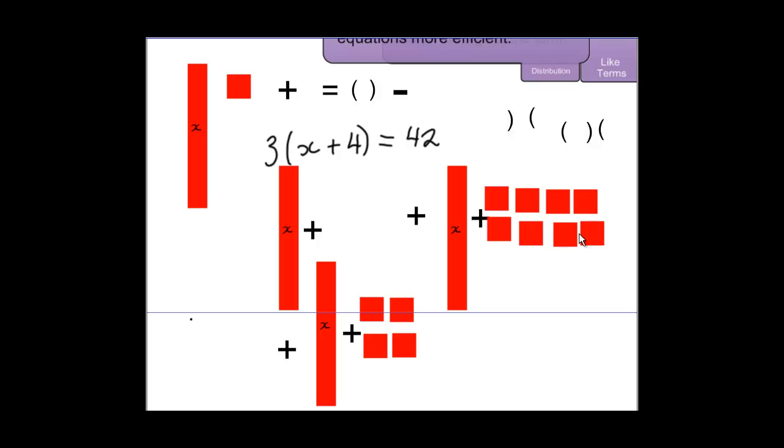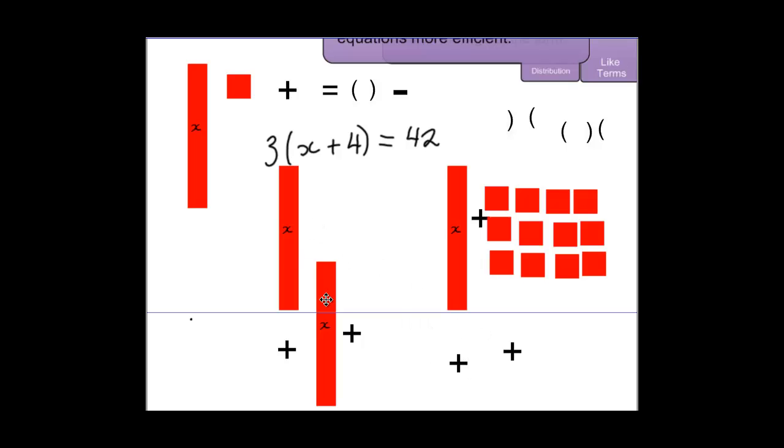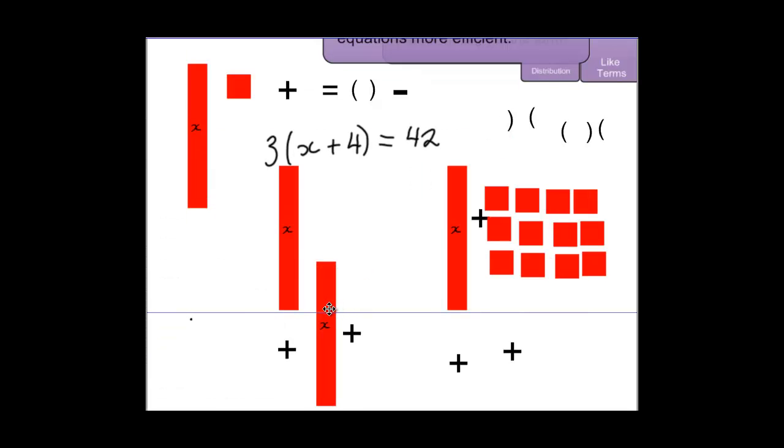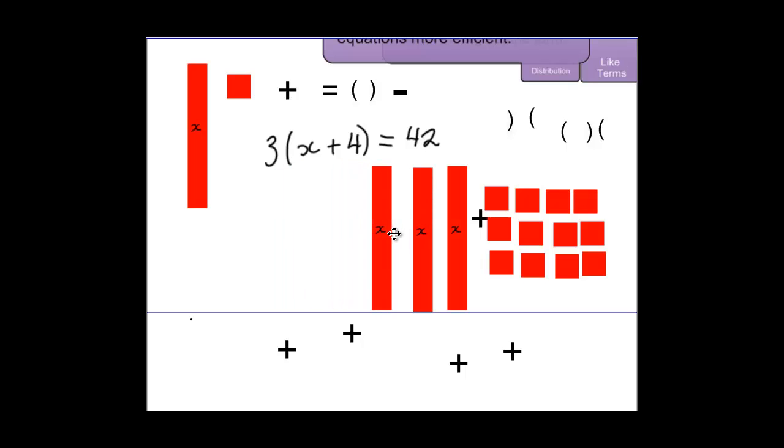Then I can put this 4 with that new group of 2 groups of 4 to make 3 groups of 4. And then I can put my x's together.